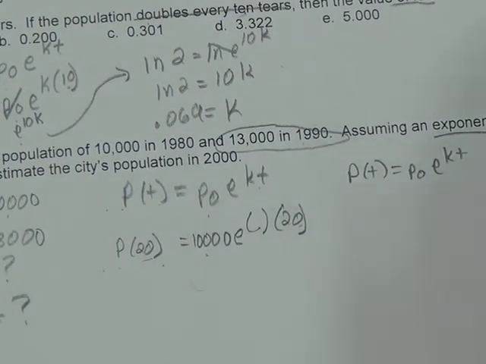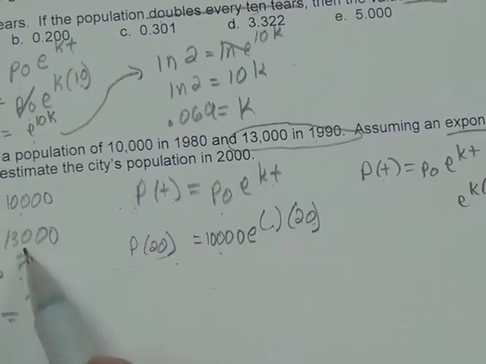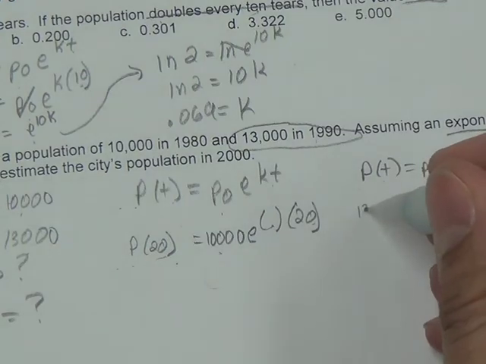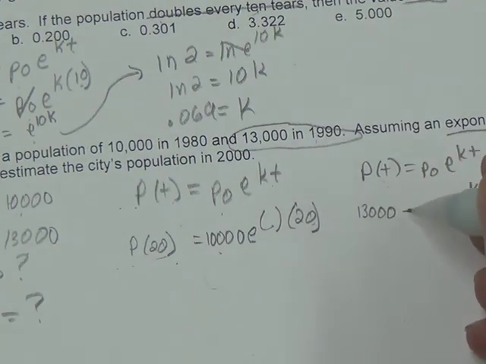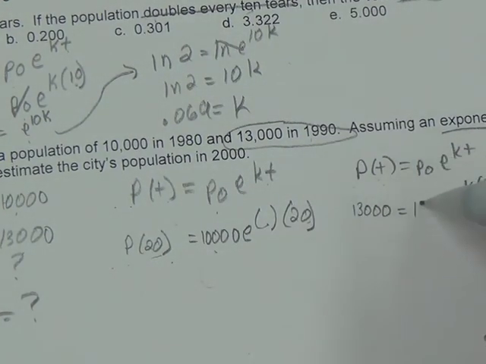If I let my time be 10, then I can say my population at that time, so my population at 10 was 13,000. So then I go ahead and let the left-hand side be 13,000. The initial population at the beginning of that 10 years is still 10,000.